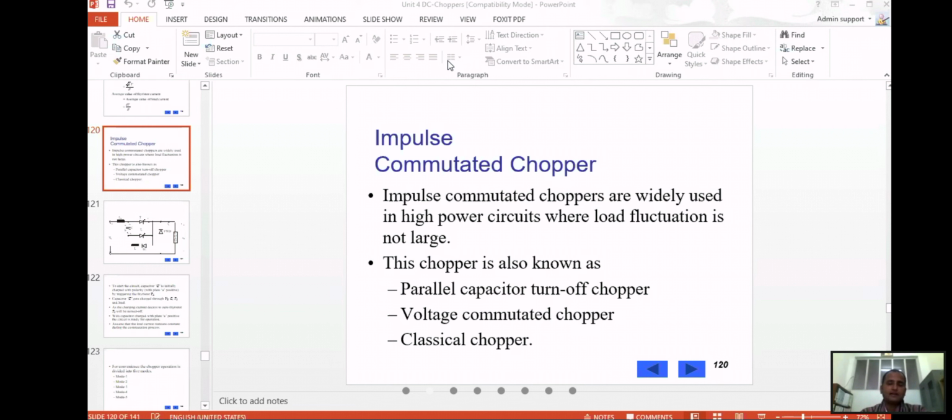That is the pulse given for commutation, meaning to turn off the thyristors. So it's also known as the voltage commutated chopper or the classical chopper, because there is charging and discharging of the voltage.